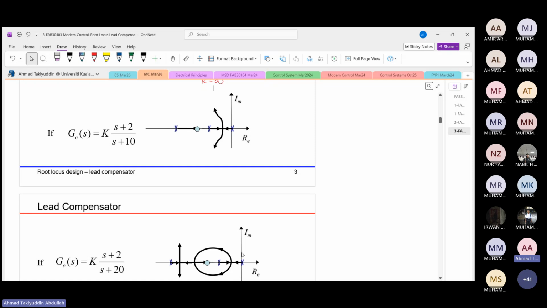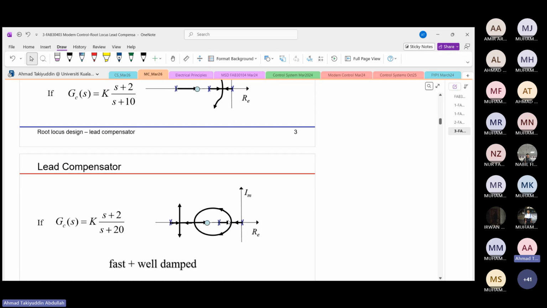And if let's say you have the poles at -20, you possibly are going to have something like a circle for the root locus plot.